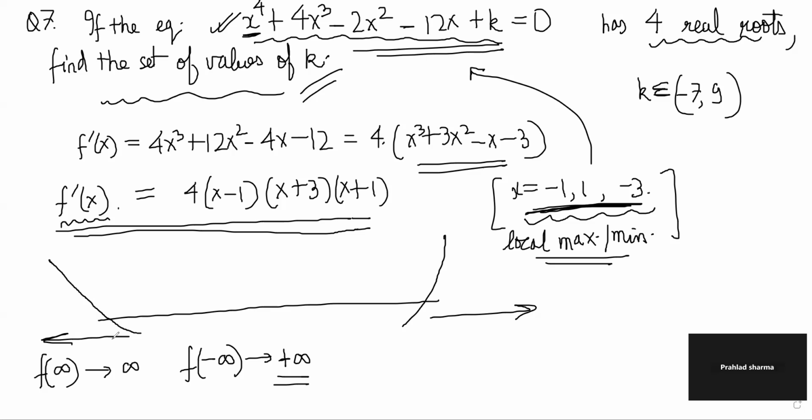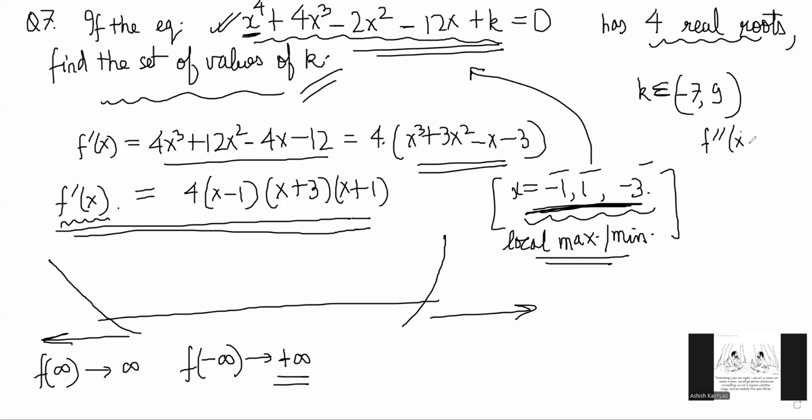Yes sir. Now you have to think about what is happening at these points, and for that you have to realize whether these points are maxima or minima, right? Yes sir. So what you can do is, if you have already done this derivative, you can find the double derivative also. The double derivative is coming as 12x² + 24x - 4.